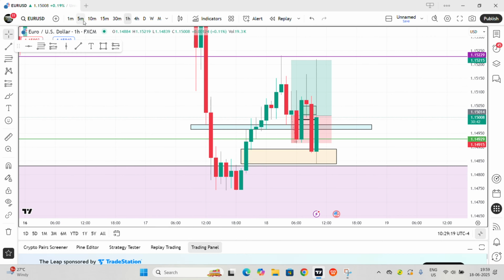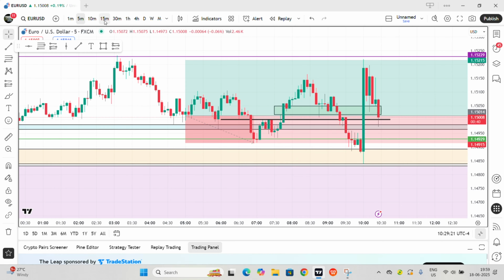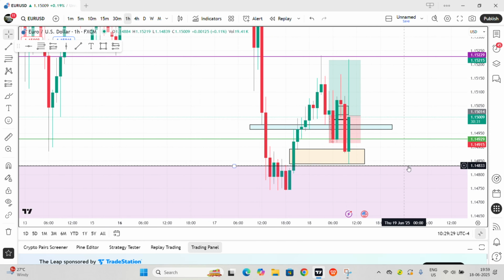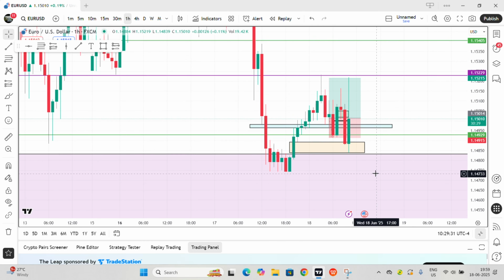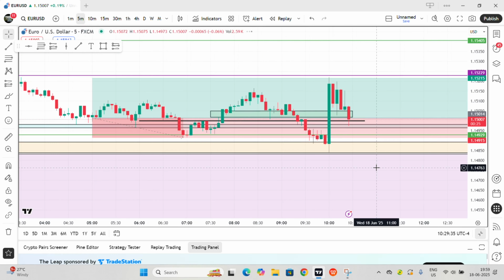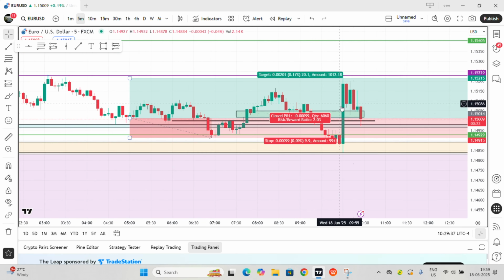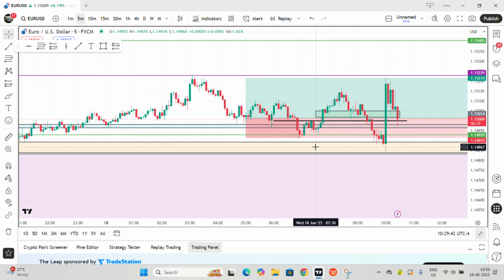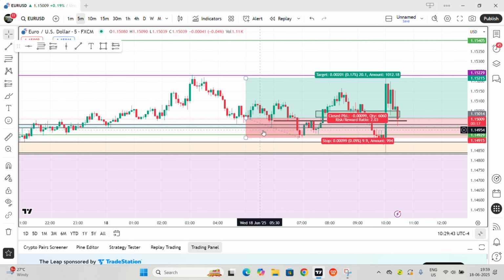So I think my mistake was that I entered at a time when market was consolidating. I was not being patient to wait for this opportunity, but I think even if I had waited, I couldn't have taken this trade right here. Anyway, this was a loss.